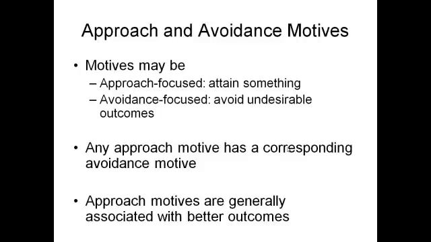There are, for approach-focused motives, we will want to approach something. We want to gain rewards. And there seems to be a part of our brain that is involved in responding to that.